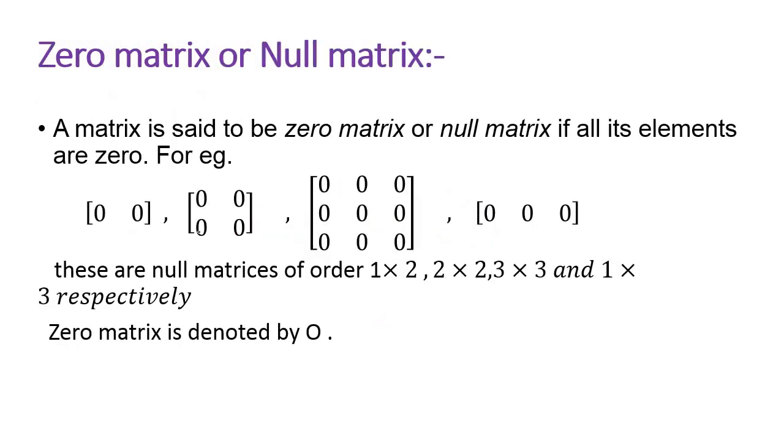Zero matrix means any matrix of any order in which all elements are 0. Then that is called a zero matrix or null matrix. It is denoted by capital O. This is not the number 0, this is the capital O. Okay. Now we will move further.